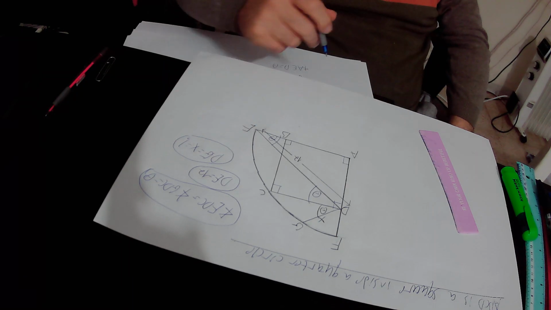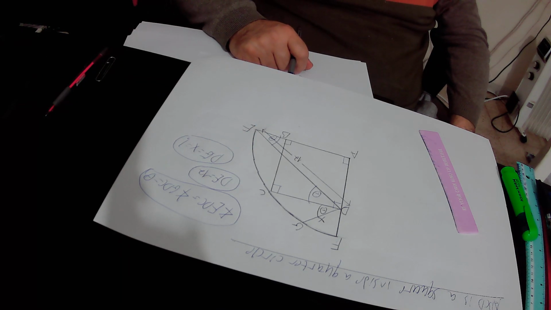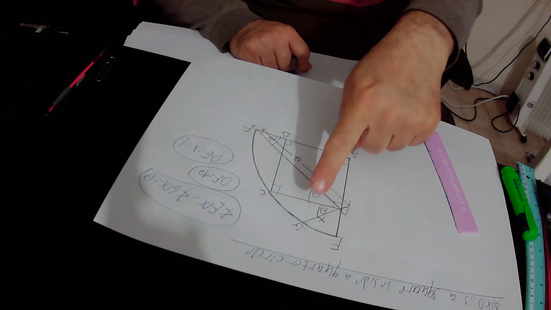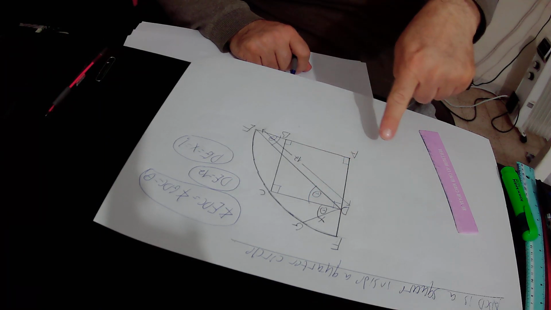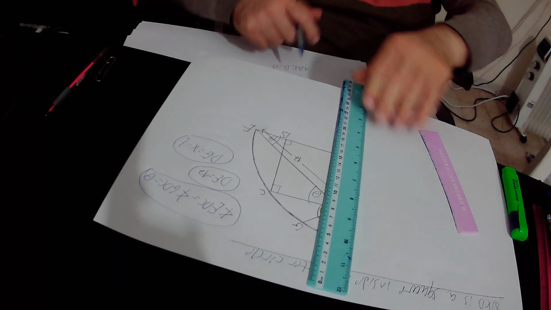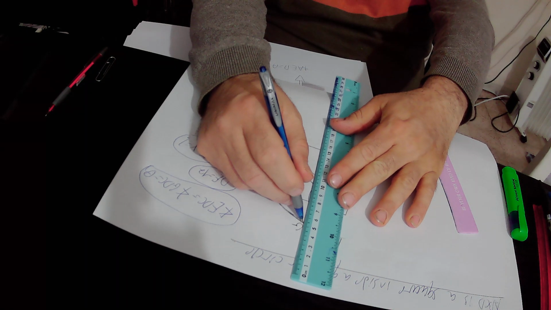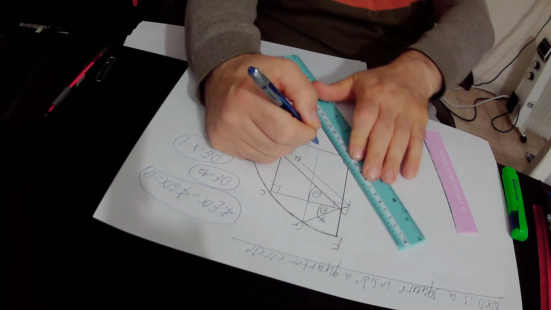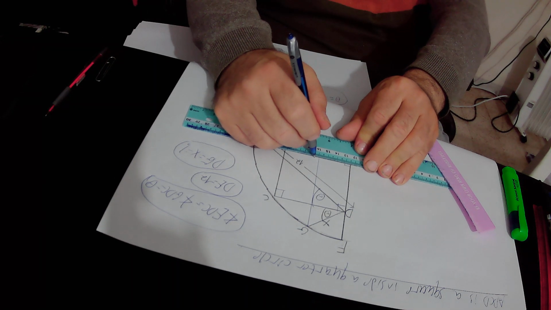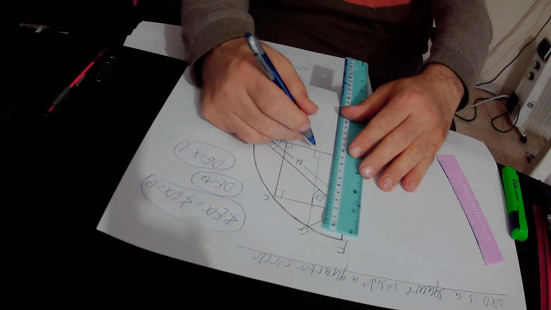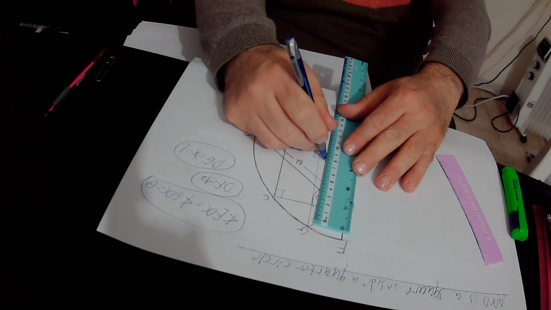In the next step, we'll do a construction. From point G, we draw a perpendicular on AE. So this angle equals 90 degrees, and this angle also equals 90 degrees according to our construction.